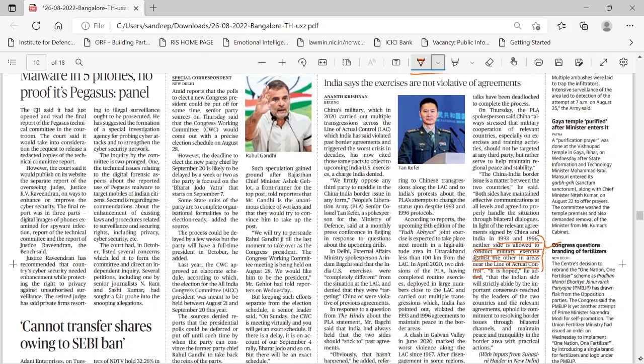And now, as China violated it, India, along with the US, is organizing a military exercise called Yudh Abhyas. Remember, the India and US naval exercise is called Malabar. The India and US military exercise is called Yudh Abhyas.